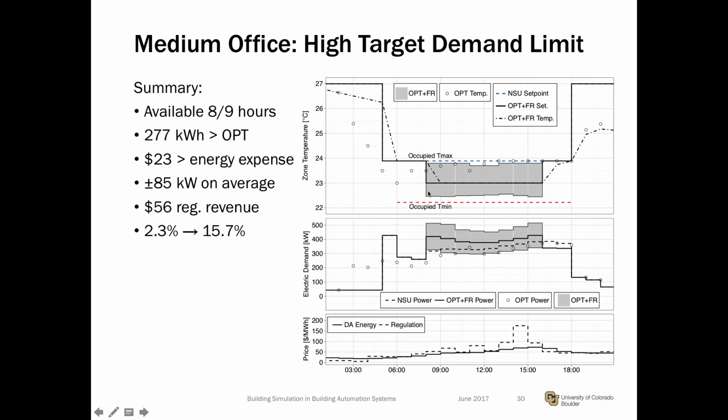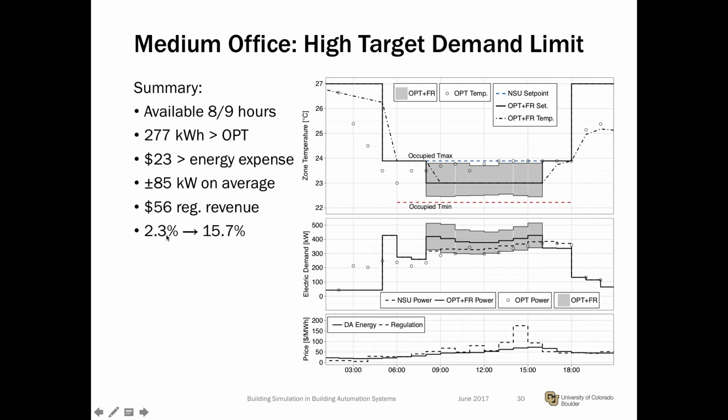You can see that clearly in the gray shaded area, and you can see how the building could bid into the frequency regulation grid regulation market over the course of the day. The optimizer is willing to spend $23 extra in energy expense, but achieves $56 in regulation revenue.